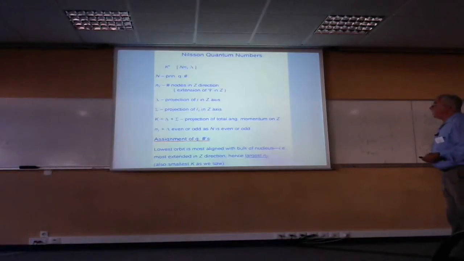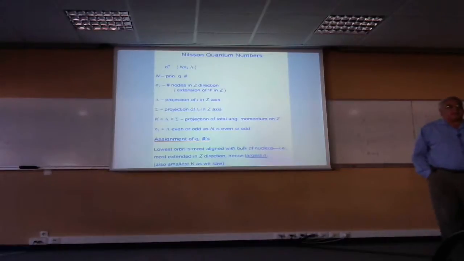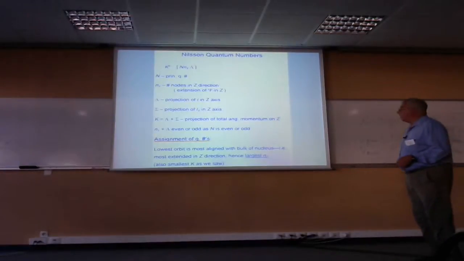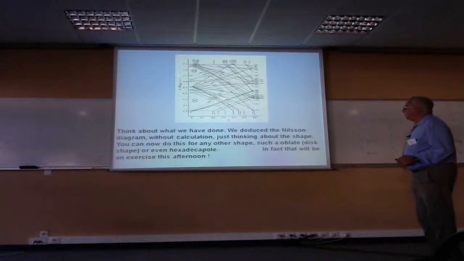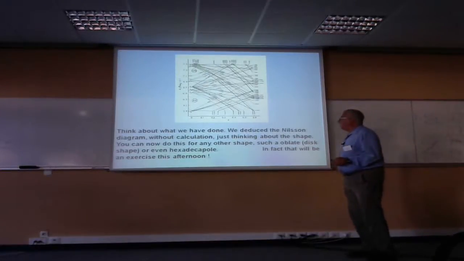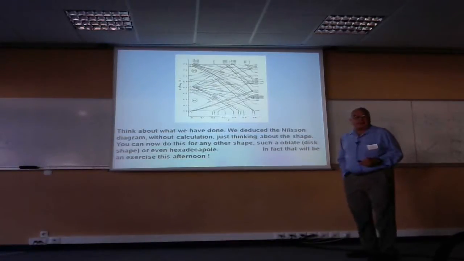Now, K you know. That's the projection of the particle on the symmetry axis. Should be called omega, but we tend to use K. Pi is just the parity. Parity is an important idea. So in the 82 to 126 shell, as you know, most of the orbits have negative parity: f7/2, h9/2, p3/2, f5/2, p1/2.